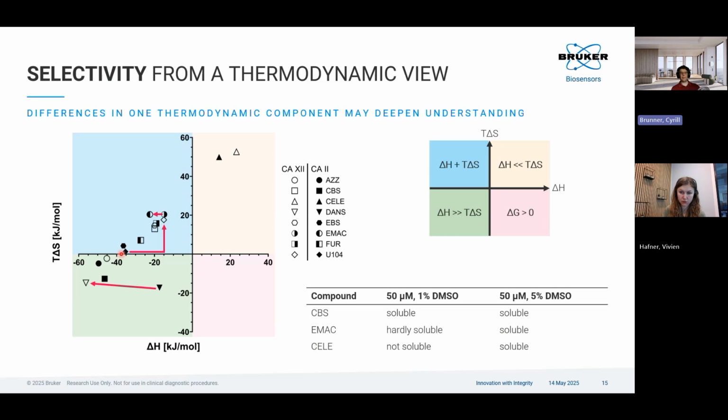CBS, this is the compound that you see here in that area, almost no entropic contribution, so enthalpically driven, no problem with solubility. So such information on how strong the enthalpy and entropy on the interaction is can also help to identify earlier on problematic compounds with respect to solubility, because compounds that are insoluble become a bit more challenging further down.